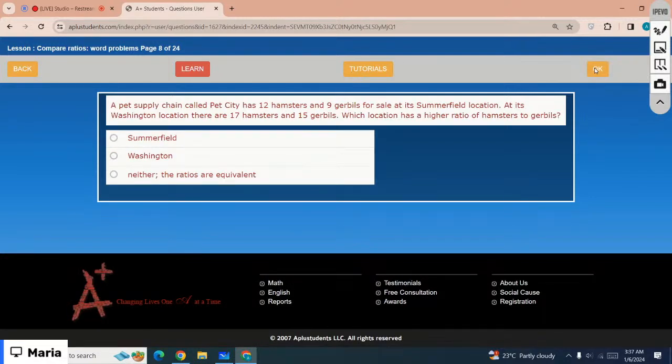A pet supply chain called Pet City has 12 hamsters and 9 gerbils for sale at its Summerfield location. At its Washington location, there are 17 hamsters and 15 gerbils. Which location has a higher ratio of hamsters to gerbils? So, which is the correct option?